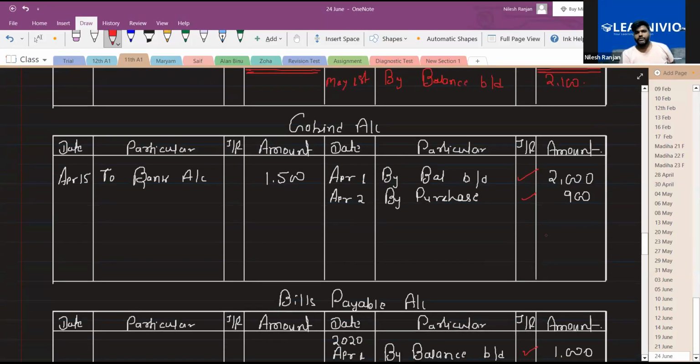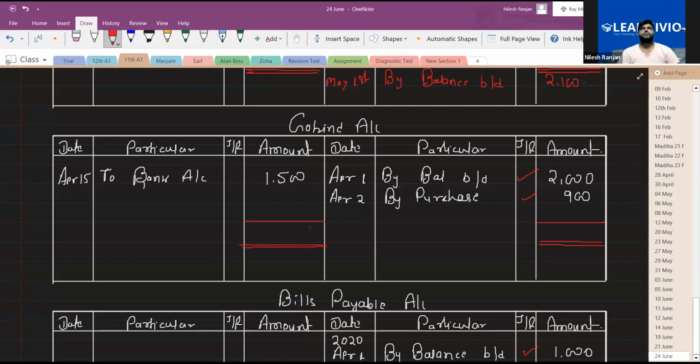In Govind's account, there are items on both sides. On the debit side, it is 2,900. On the credit side, it is 1,500. Mihir, can you tell me what will be the total on both sides?